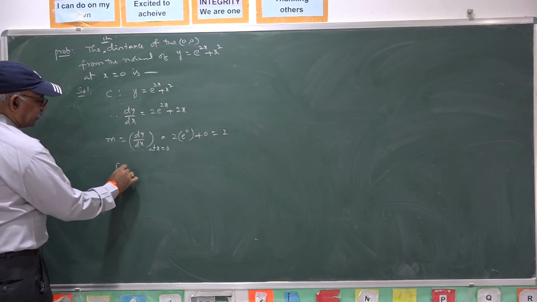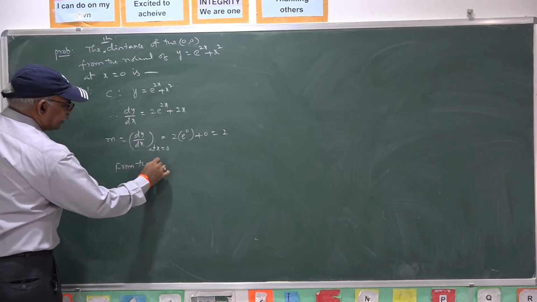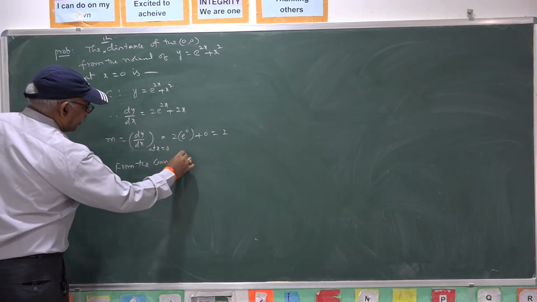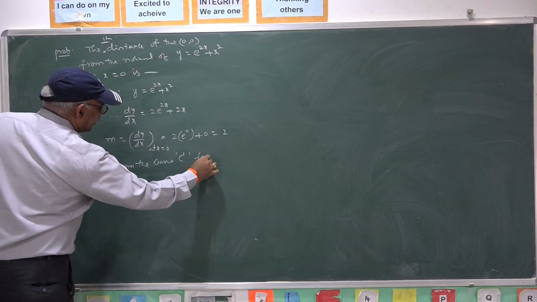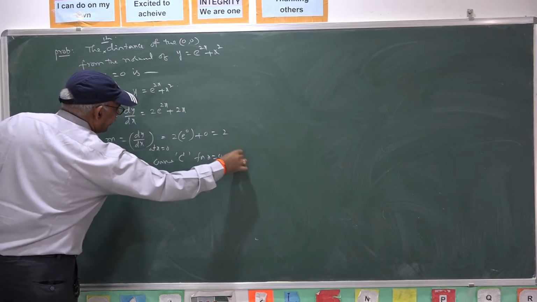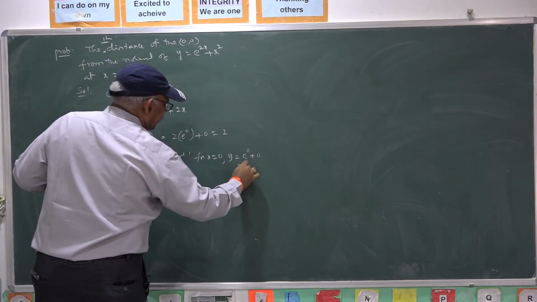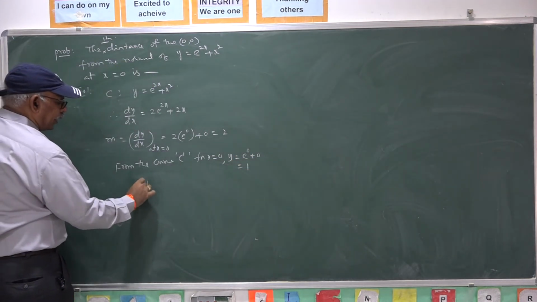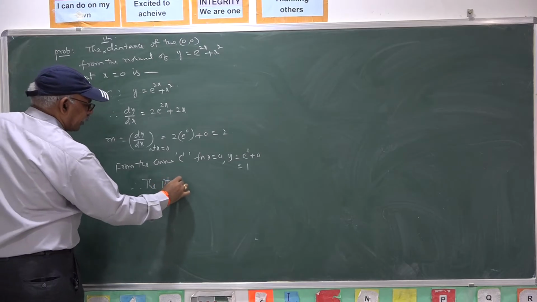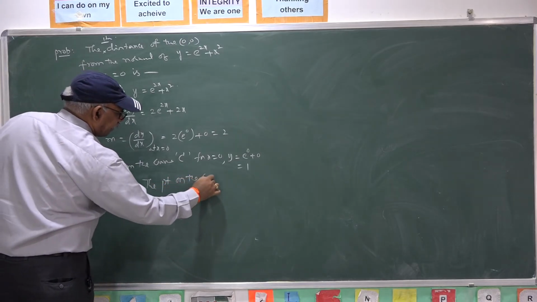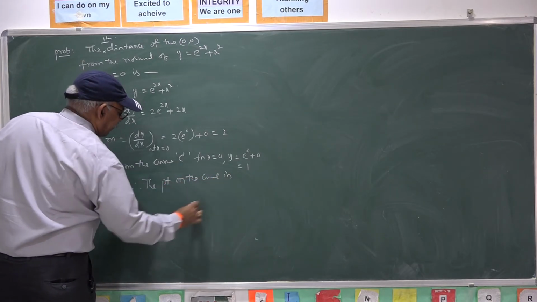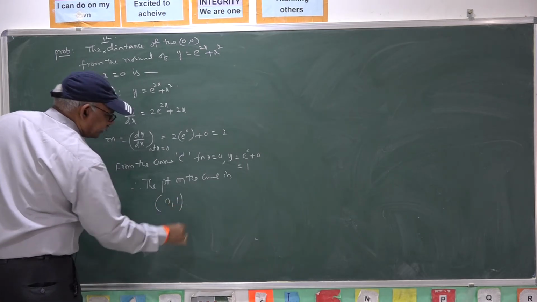From the curve, for x equal to 0, y is e power 0 plus 0, that is 1. So, the point on the curve is 0 comma 1.